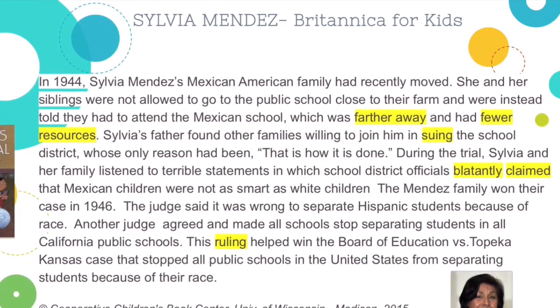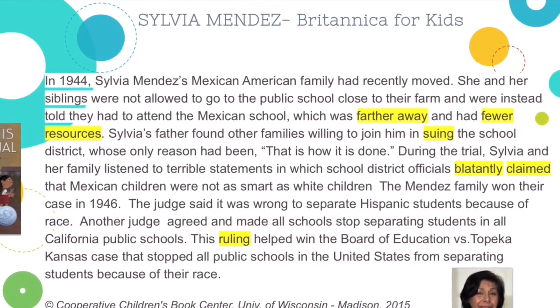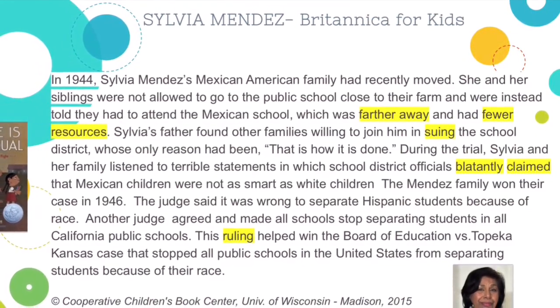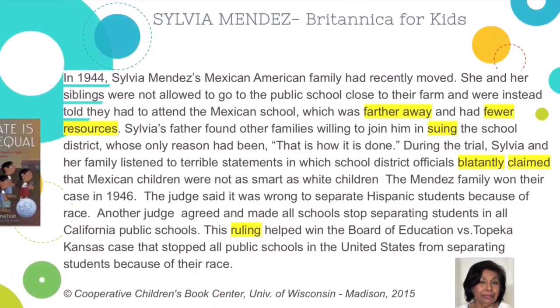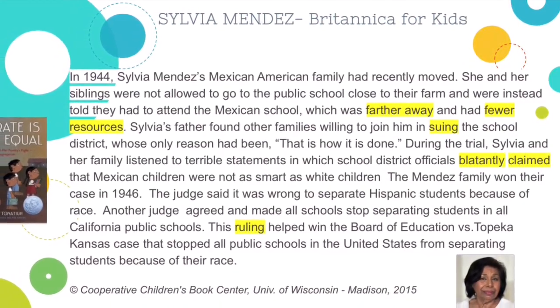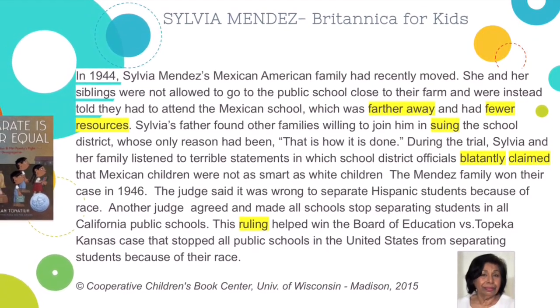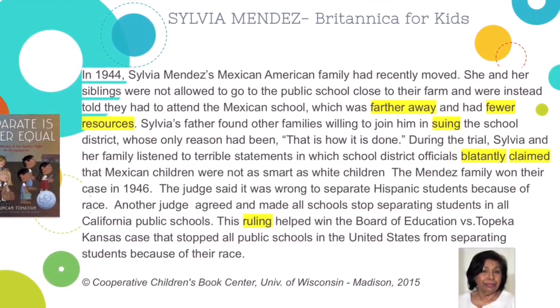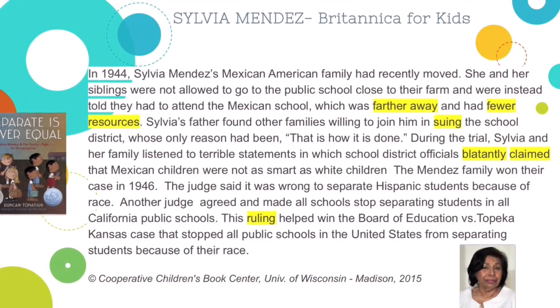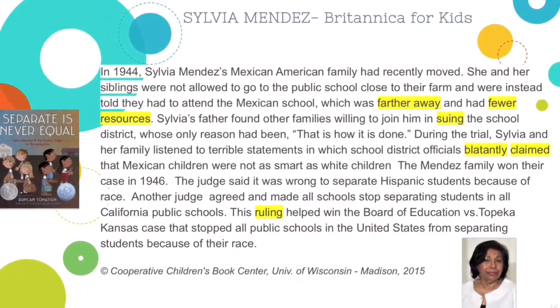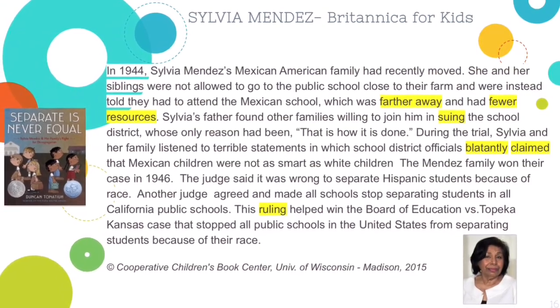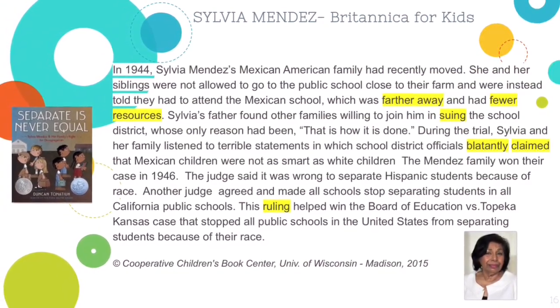The Mendez family won their case in 1946. The judge said it was wrong to separate Hispanic students because of race. Another judge agreed and made all schools stop separating students in all California public schools. This ruling helped win the Board of Education versus Topeka, Kansas case, which stopped all public schools in the United States from separating students because of their race.